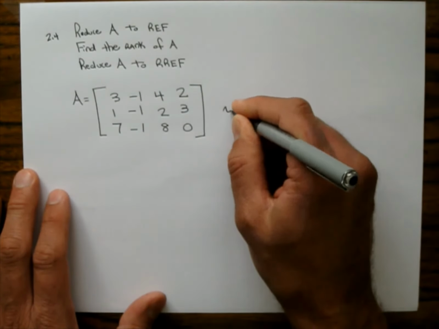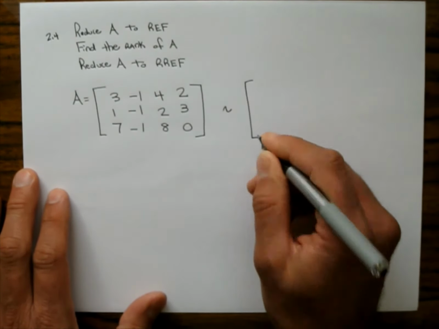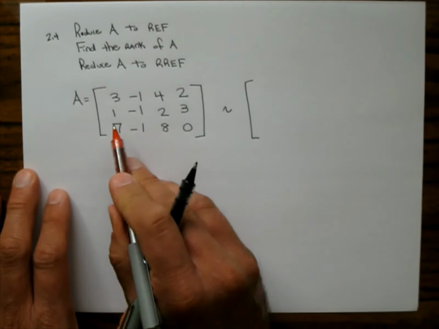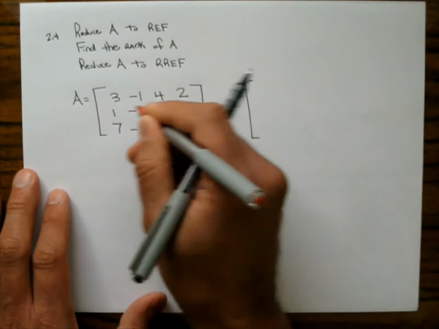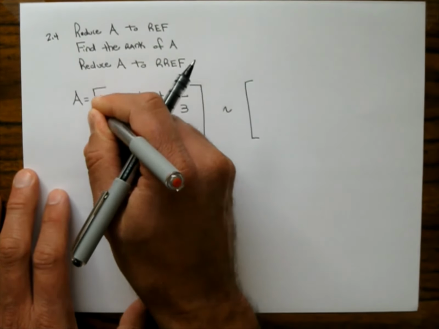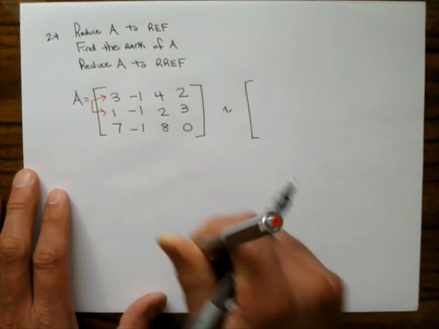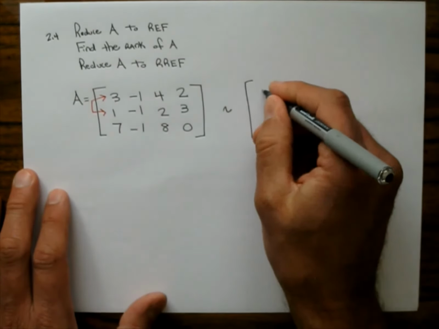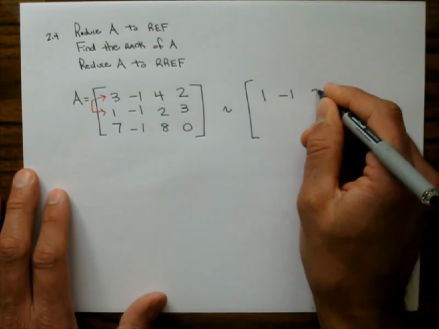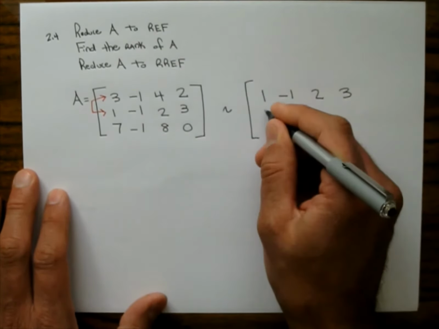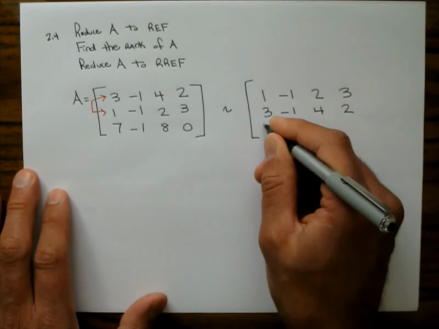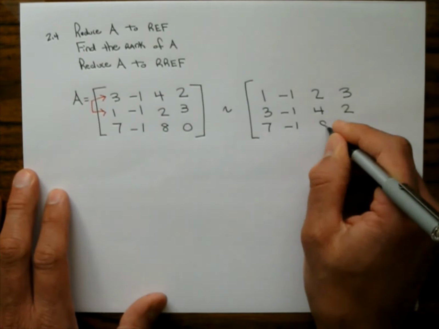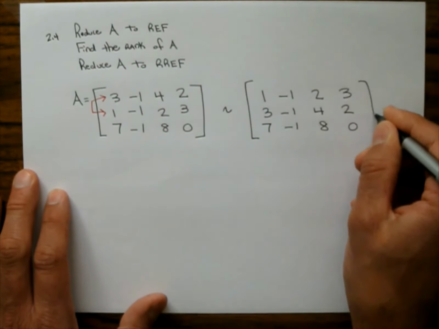My row operations, kind of move over here. I'd like this to be my pivot, so I'm going to go ahead and interchange row 1 and row 2, switch them. So that's not that hard to do. 3, -1, 4, 2, and then 7, -1, 8, 0.